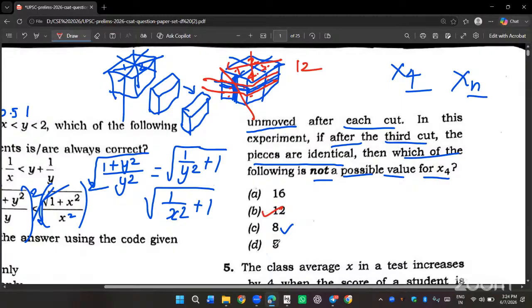So that is possible. Okay, good. Then next, 5. Can I get a 5? Yes. You have 5 children and I want to give a chocolate to all 5. What will I do? First cut, second cut, third cut, fourth cut. 4 cuts, 5 pieces.